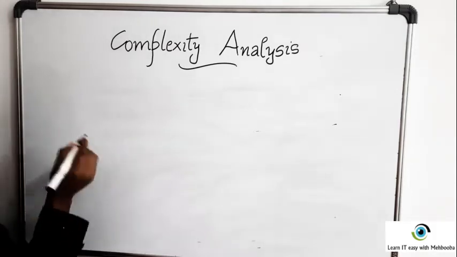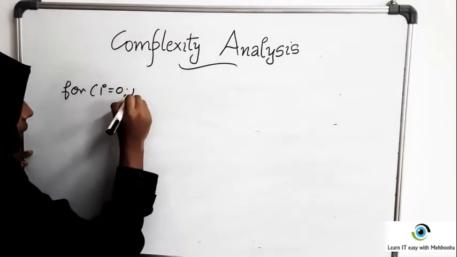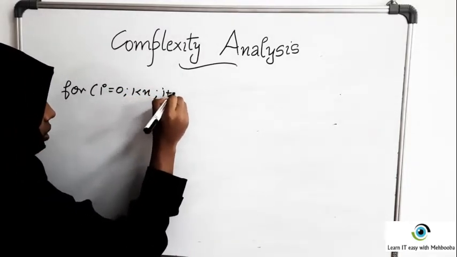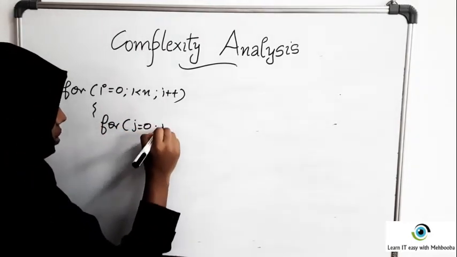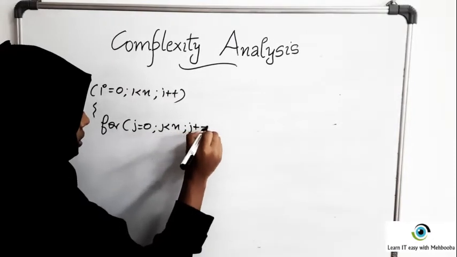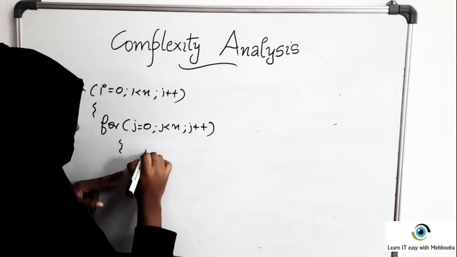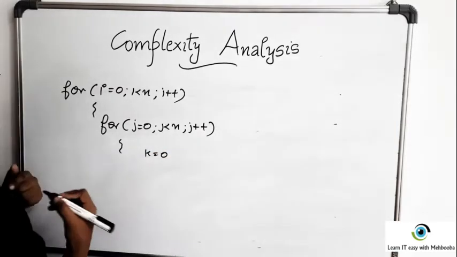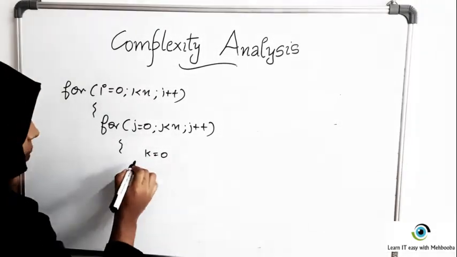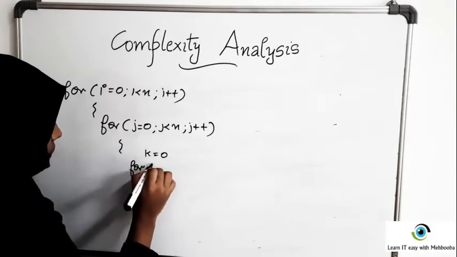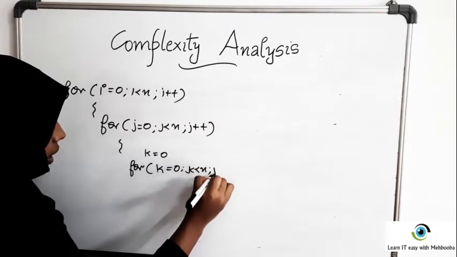Now we will see the example for matrix multiplication, which requires 3 for loops. For i is equal to 0, i less than n, i plus plus. For j is equal to 0, j less than n, j plus plus. Now we are initializing some variable to 0, C of i j is equal to 0, so that the multiplication will run smoother. If you are confused about it, please check the code for multiplication. For k is equal to 0, k less than n, k plus plus.